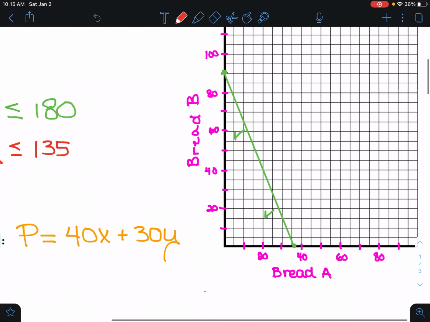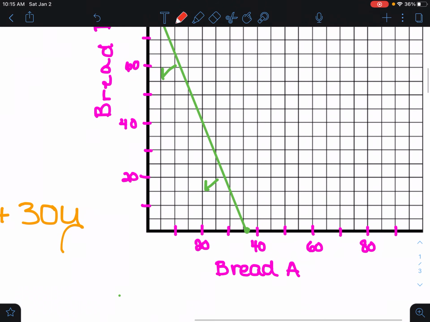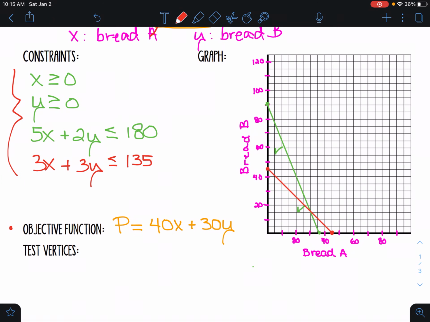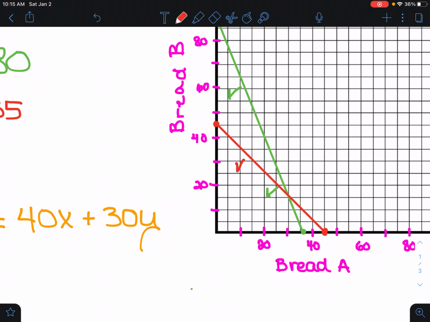So that is a little easier to graph here as well. All right, now this one is less than or equal to as well. So this is going to be shaded down.